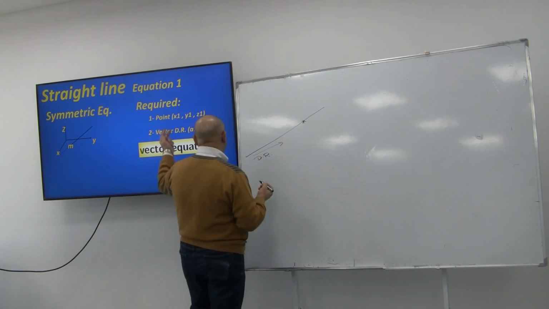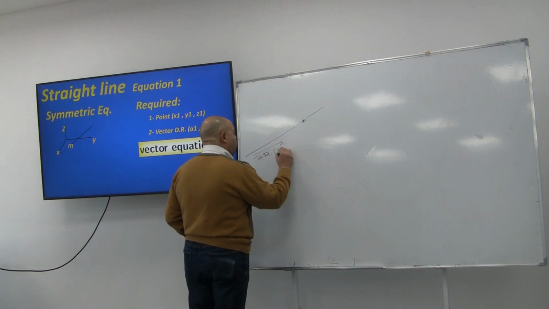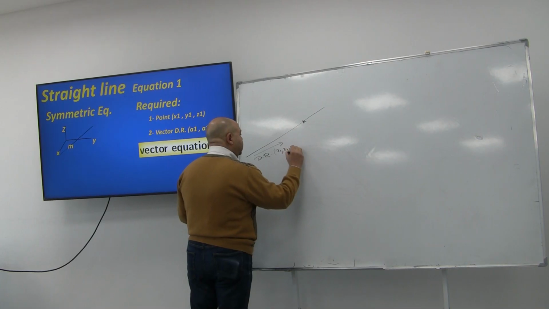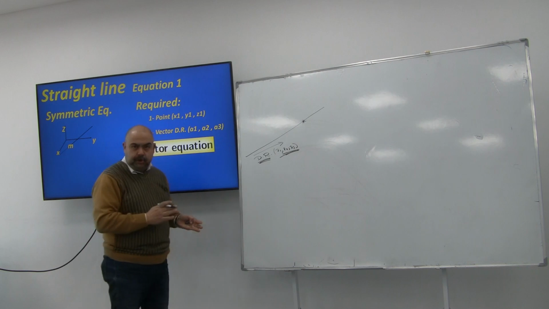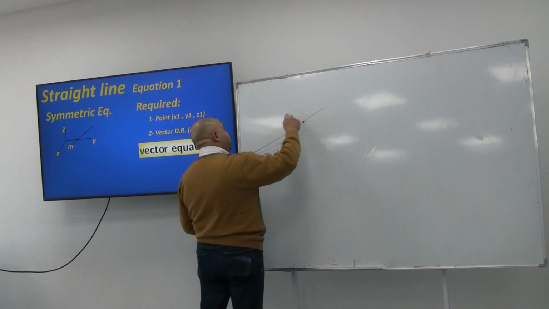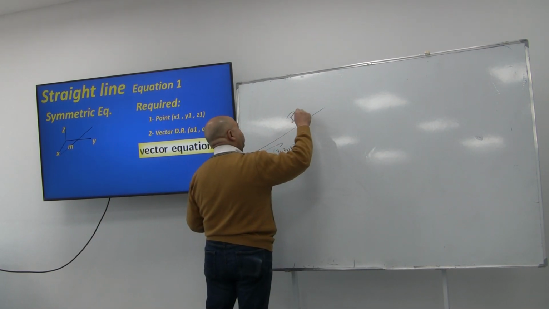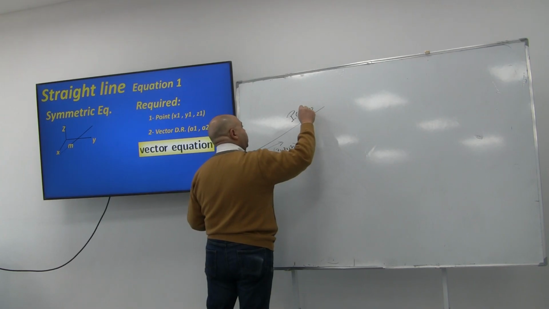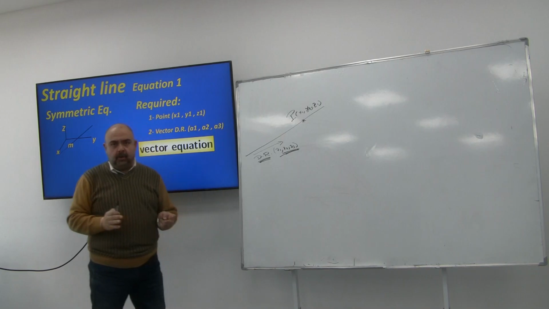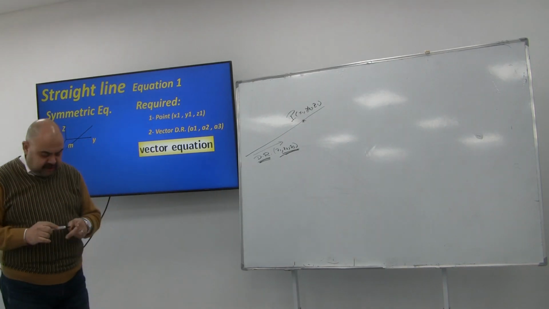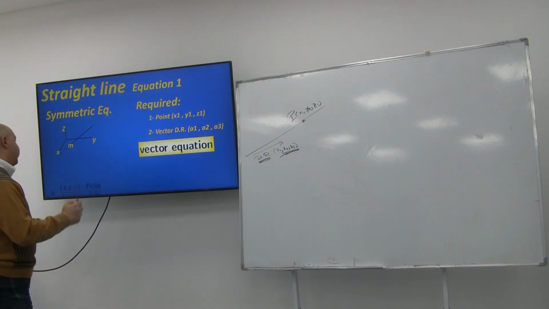So let's say, as the notation, A1, A2, and A3 stand for the direction vector of this straight line. And if I have a point P which has x1, y1 and z1 as coordinates, the equation of this straight line will be really very easy.